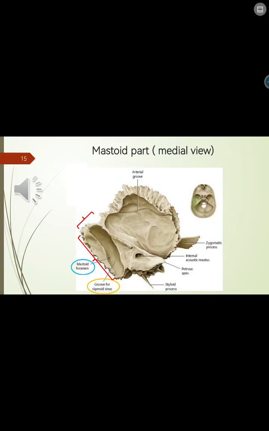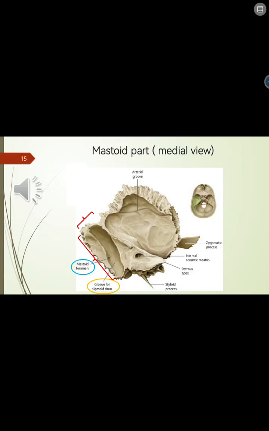When we see mastoid part in the medial view, we can see two elements, mastoid foramen and groove for sigmoid sinus. Sigmoid sinus is one of the venous sinus of the central nervous system or the brain or cranial cavity, and mastoid foramen is here.